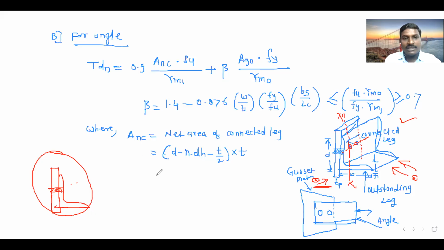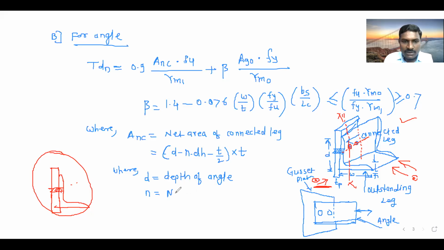No. In the angle here, D is the depth of the angle. The first unknown we have written here is the depth of the angle, which we come to know from the problem statement or from the steel table. Then D is over.